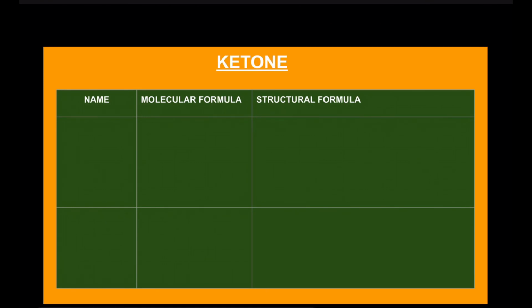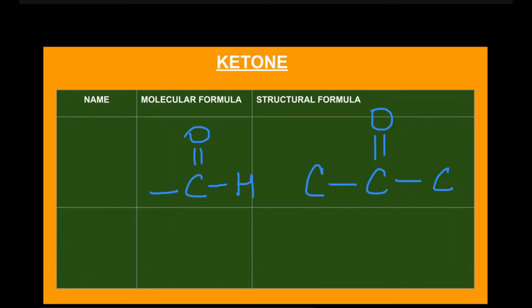In case of aldehyde, to the C double bond O group, that is the carbonyl group, on one side hydrogen is bonded, and on the other side of the carbonyl group hydrogen or carbon is bonded. But if we consider ketone, then the C double bond O group, that is the carbonyl group, has carbon bonded on both sides.